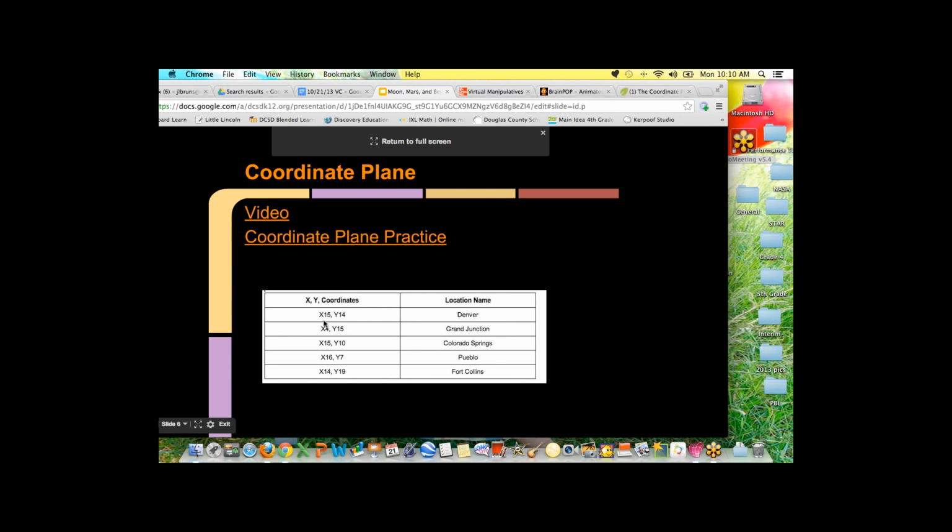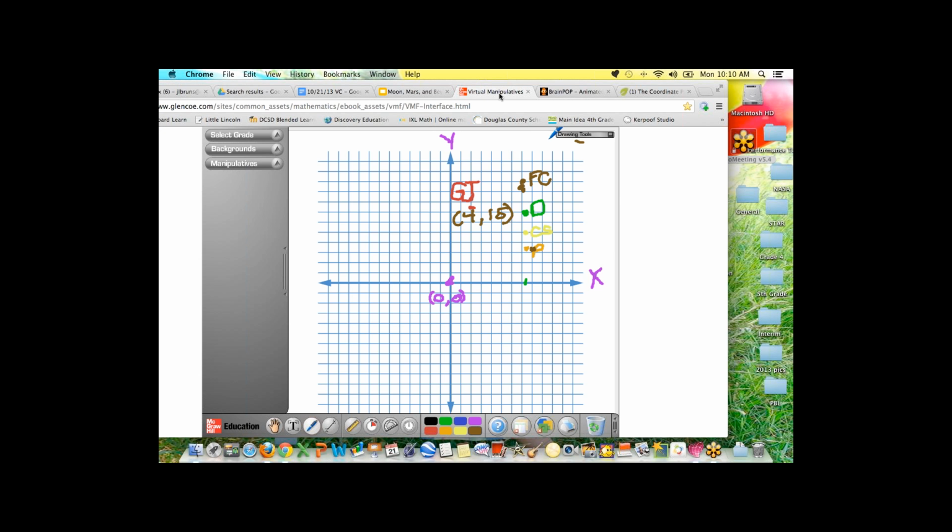For Denver, my ordered pair is x 15, y 14. Okay, so my ordered pair would be 15, comma, 14. And so on. I'm making this really ugly because this pen is really hard to use. But what we just did was pretty simple, really.